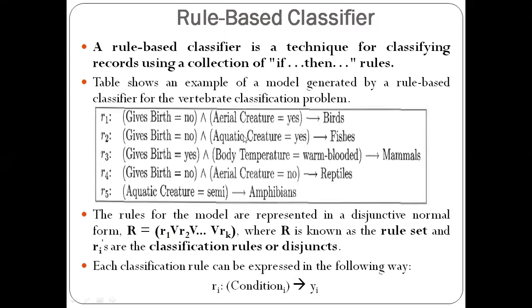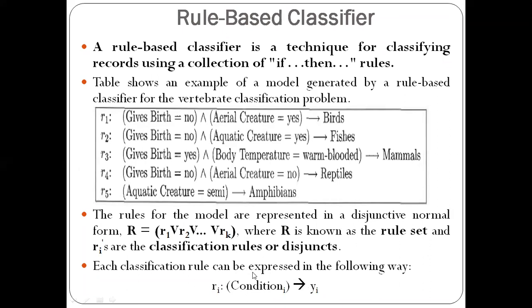That is the condition. Each rule is a collection of attribute test conditions, so we are checking the attribute test conditions. That is the LHS part, then we have the implication sign, and on the RHS we have yi. Yi stands for the class label.